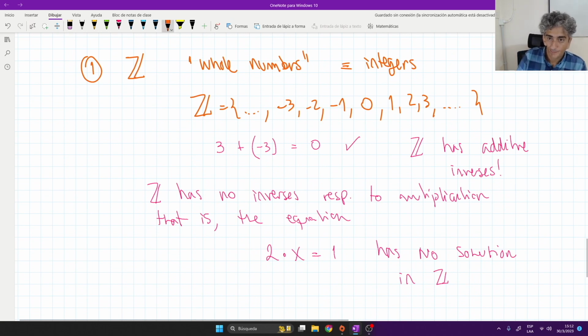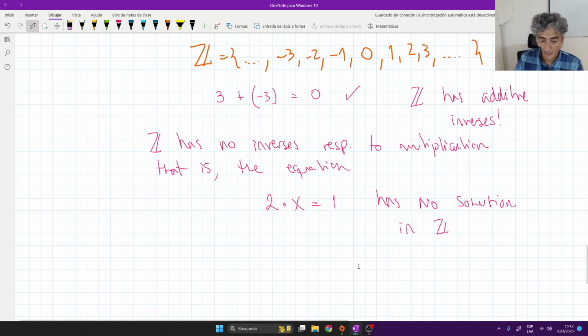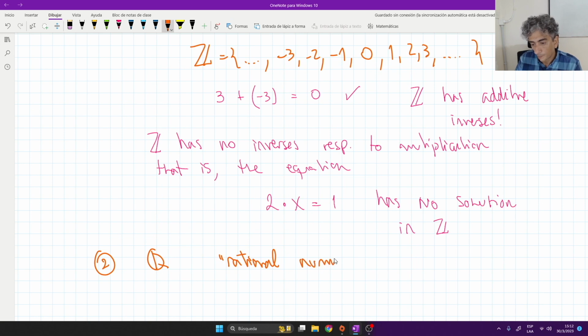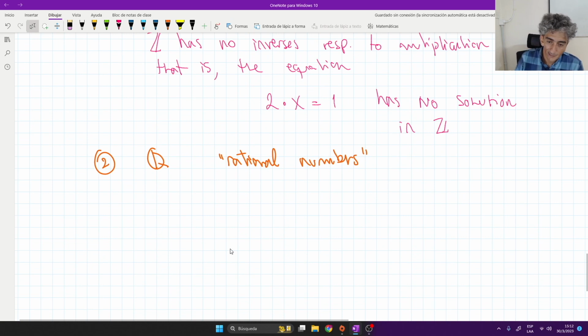Well, there's a field that we can form, and we know this field for a long time. It's Q, the field of rational numbers. Right? And this accounts for the set of fractions.